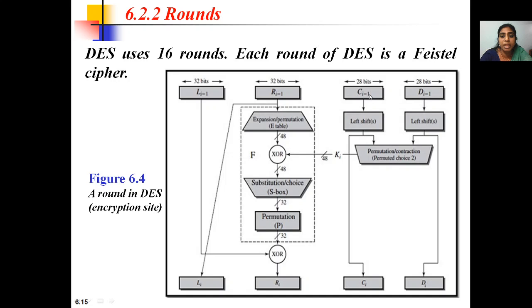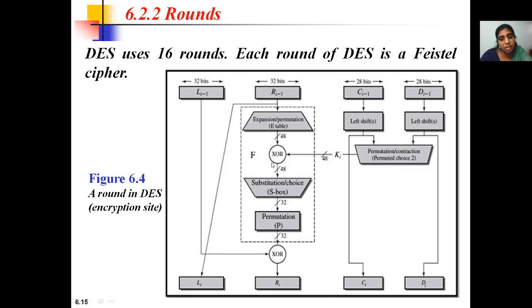We take the 56-bit values, do the permuted choice 1, then the left shift, then the permuted choice 2 where we contract and get the 48-bit data. That 48-bit key is applied to the round function.